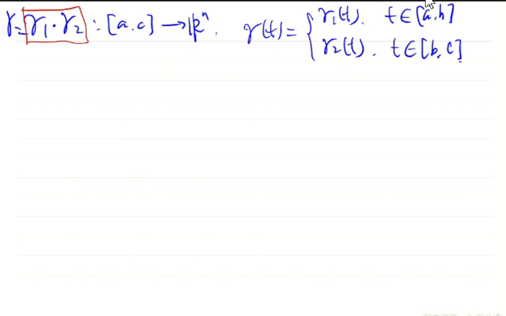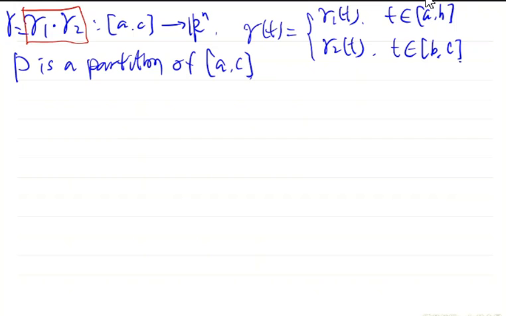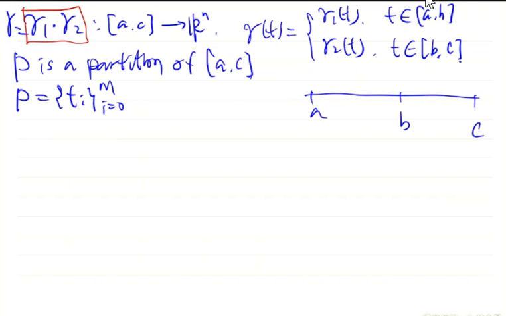And suppose P is a partition of AC. Of course, P has some points Ti, i from 0 to m. So this is the interval A, B, C. Our P is the partition.